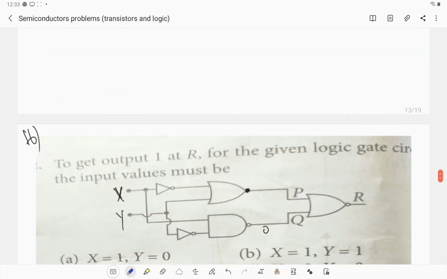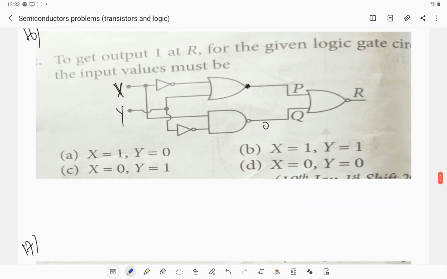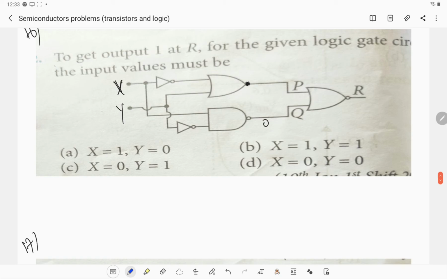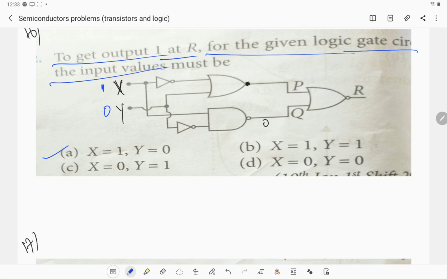Next, 16. To get output 1 at OR for the given logic gate, the input values must be. I have to verify with each one. First I am taking A, x is equal to 1, y is equal to 0.